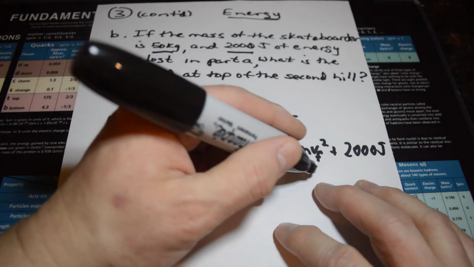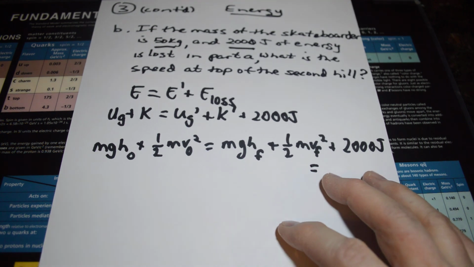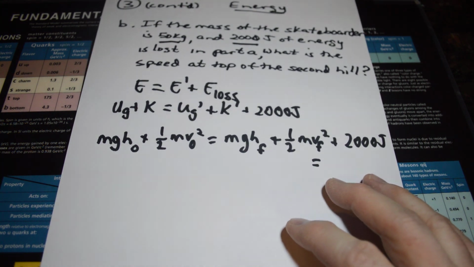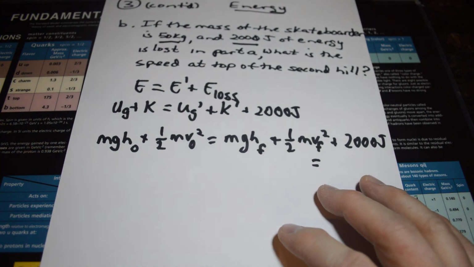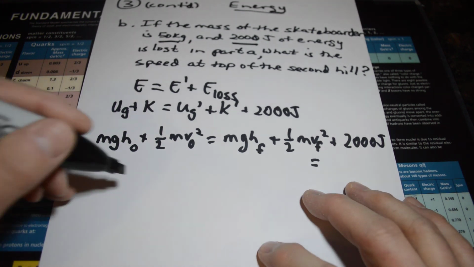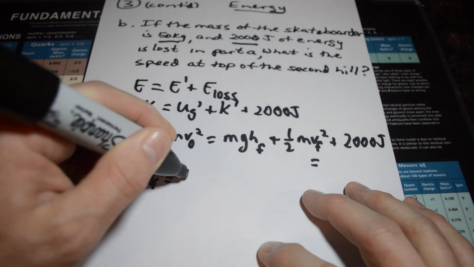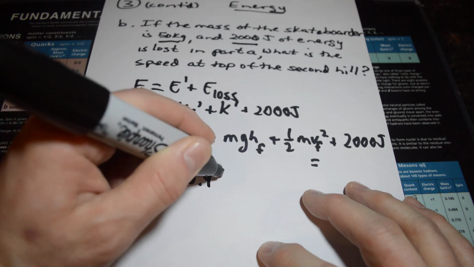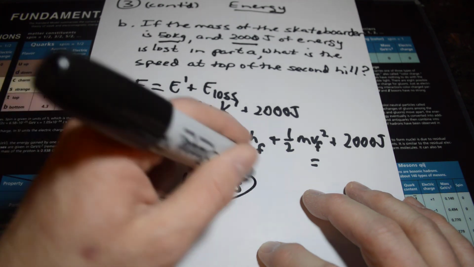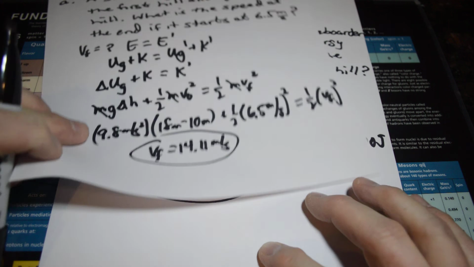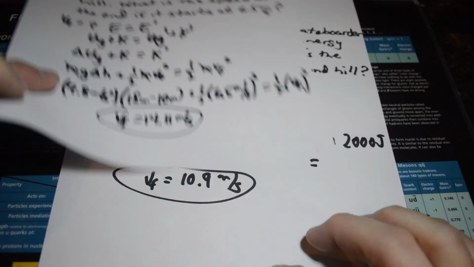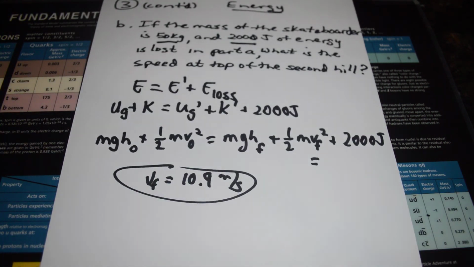And I think that will leave you with enough, and I'll allow you to do all that algebra and see what happens. But if you do that, I get that the final velocity is now reduced to 10.9 meters per second, whereas it was 14.1 in the last problem. Here it has reduced to 10.9.